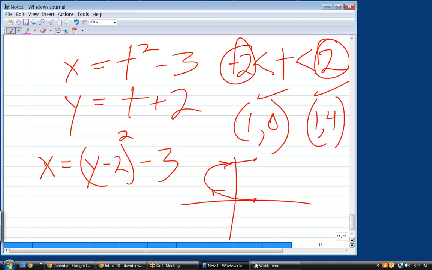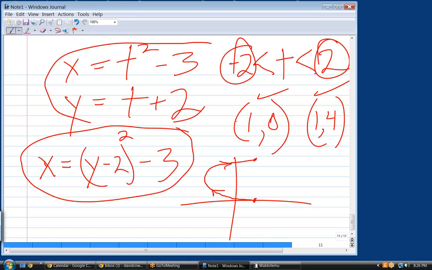So it's not quite correct to say that this is the answer to this, because this would go to infinity in both directions. Whereas with t being restricted from minus 2 to 2, it doesn't go to infinity in both directions. It goes just between those 2 points. That's the entire curve that goes with this curve here.